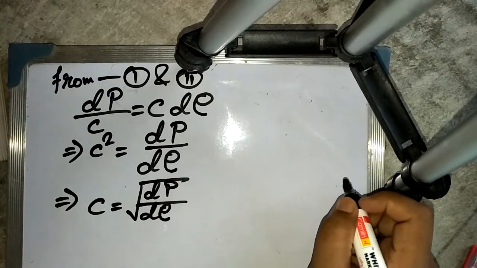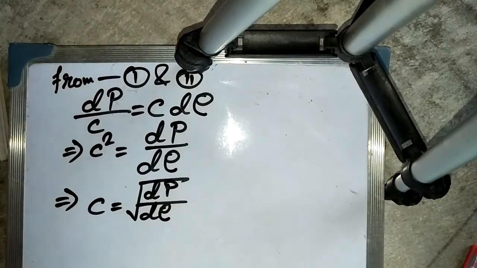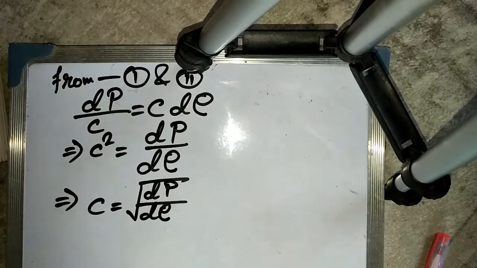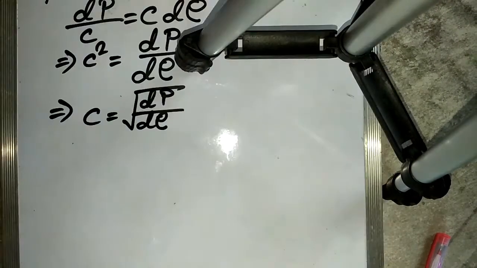So for this kind of situation, for compressible flow through a channel or through a duct, the velocity of the wavefront, which is equal to the sound velocity, is equal to root over dP by d rho, the change in pressure by the change in density.